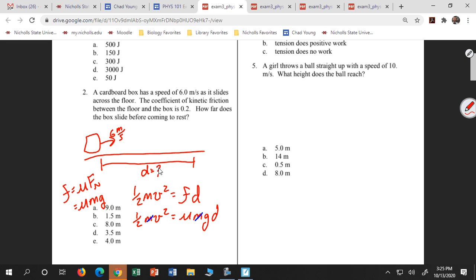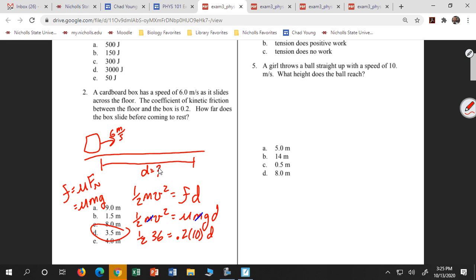So I'll just put some numbers in here. 1/2 of 6 squared is 18, equals 0.2 times 10 times d. It's 18 divided by 5. What was the answer? 3.5? I think it's 3.5.